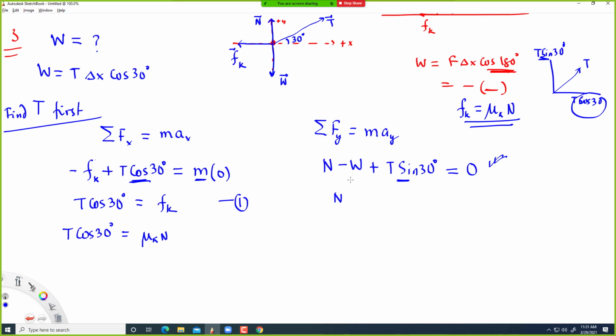So write this in terms of N. So N is equal to, these things will go to the right, so minus becomes plus and this plus becomes minus. Okay, let's call that equation 2. So use N from equation 2 in equation 1.